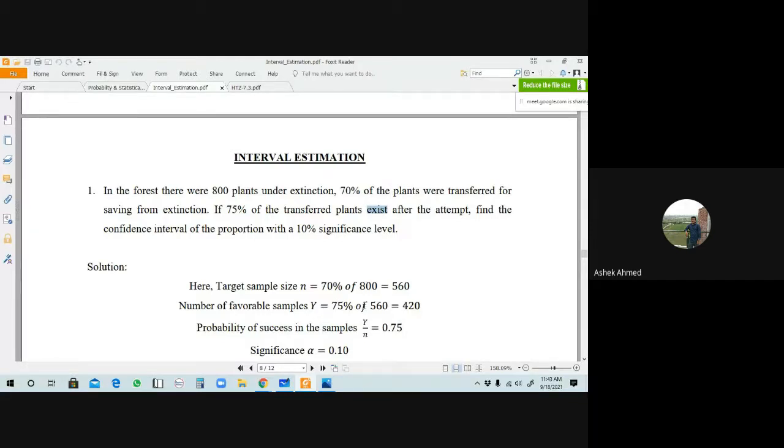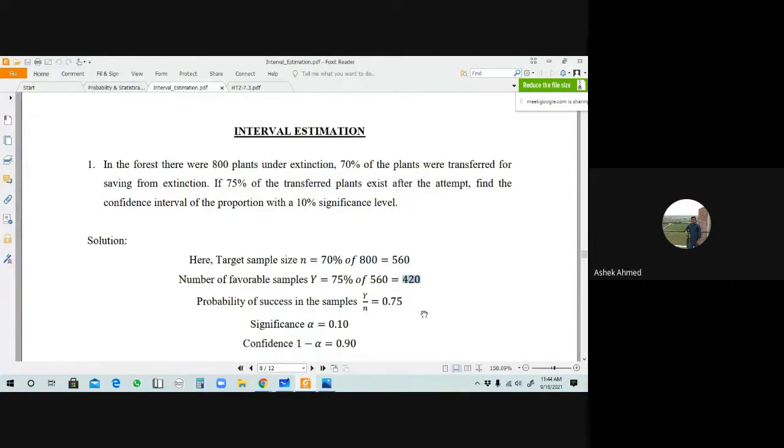y will be কত হবে? 75% of 560, where 560 comes from 70% of 800. ঠিক আছে কিনা বলো দেখি. Yes, sir. From here we can find out the value of y by n, okay?